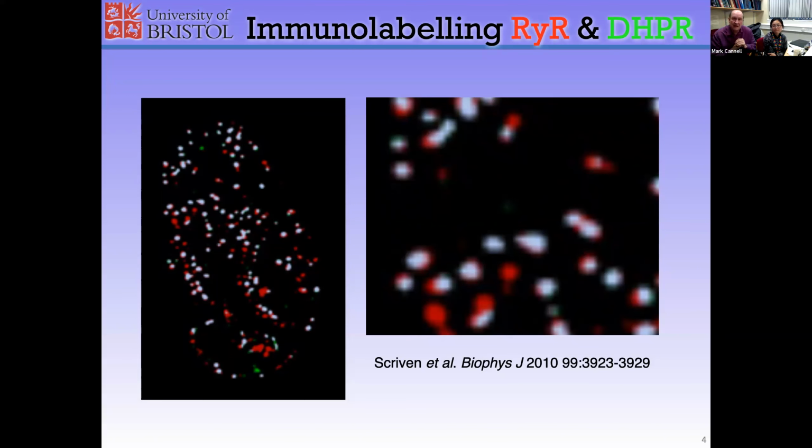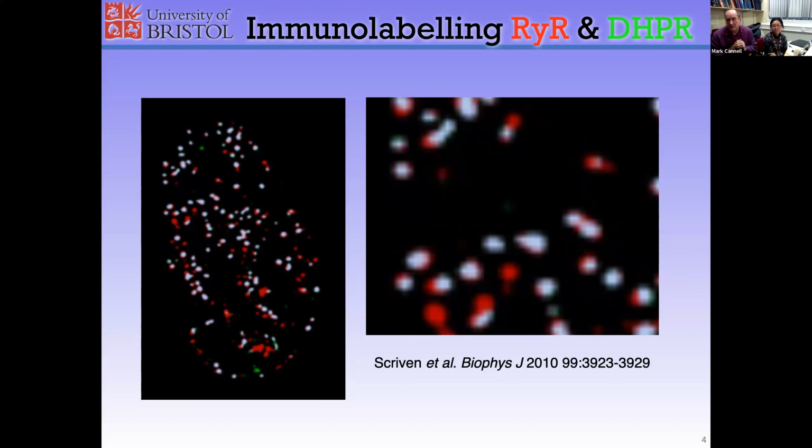And here you can see a high resolution image of some immunolabeling of dihydropyridine receptors in green and ryanodine receptors in red. And where they co-localize, you see white. So you can see that a lot of the junctions have whiteness in them. So we know there's co-localization, but it's not at all clear what the stoichiometries of these proteins might be, for example, or exactly how they're organized from such images.